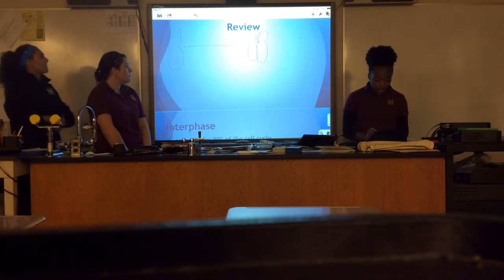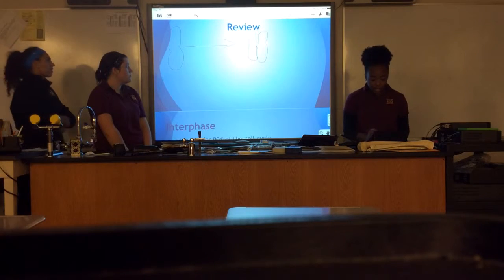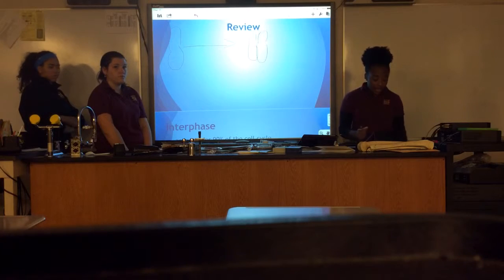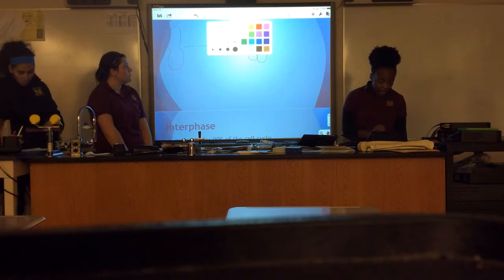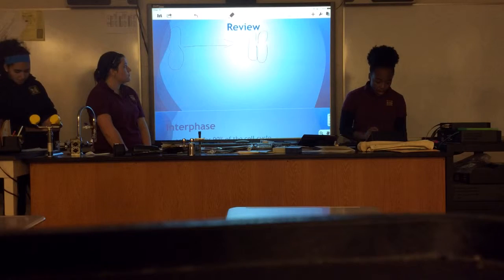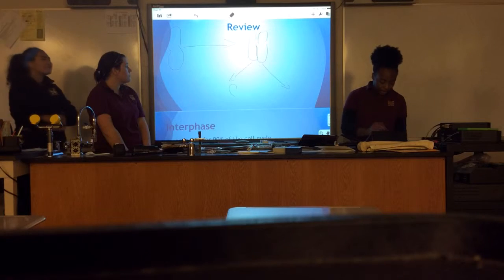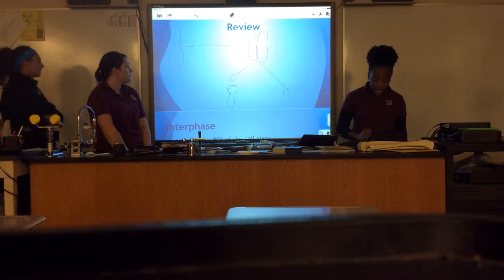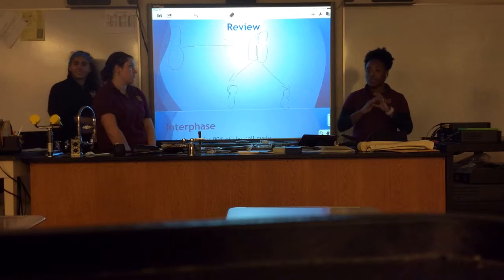And in the middle, like Doc said earlier, this central area, they're attached at a region called the centromere. After this, they are then separated into individual chromosomes, and each is going to a different nucleus.